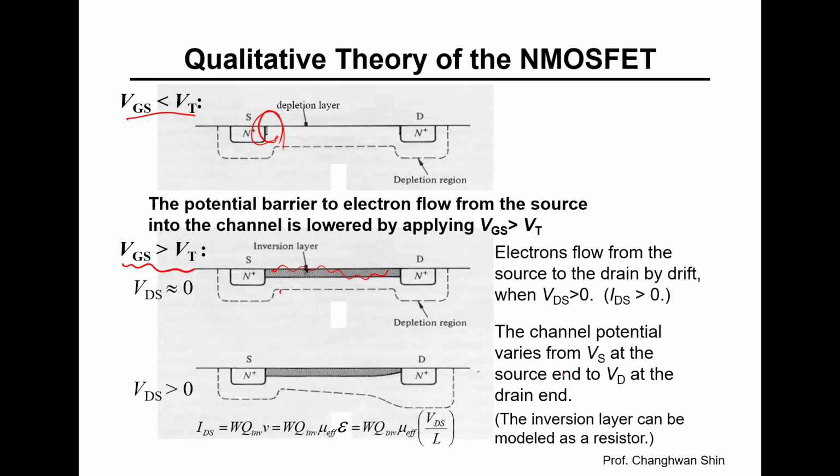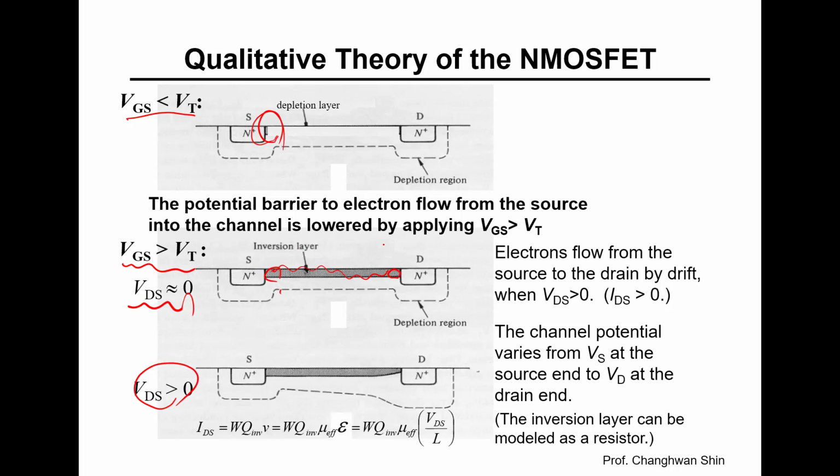All right. And with a very small amount of drain to source voltage, VDS approximately zero, say 50 millivolts, the channel has uniform thickness from here to there. The thickness of the channel is quite uniform, like a straight pipe.